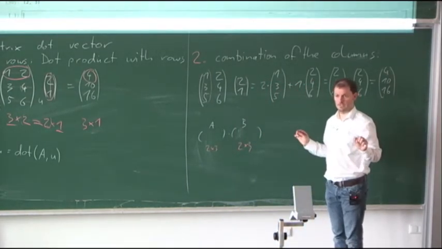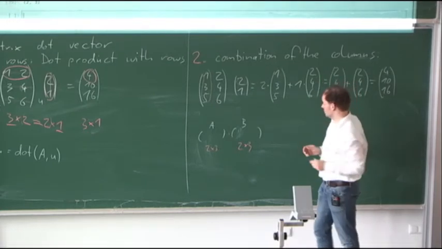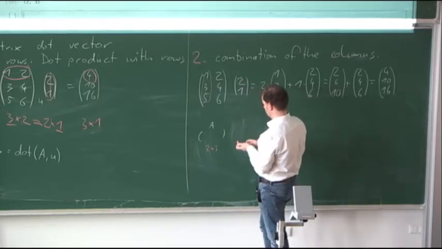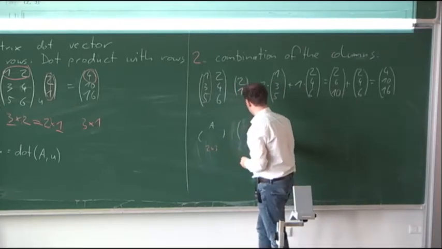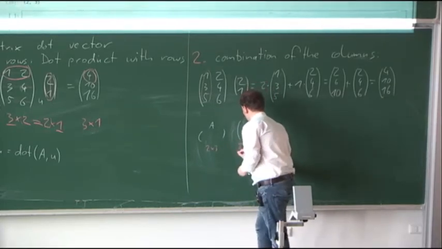So what do I have to do? Can anybody propose something? Yes? I transpose one of them. Maybe I transpose B. I make B from a fat matrix into a skinny matrix. So now it's 3 by 2.